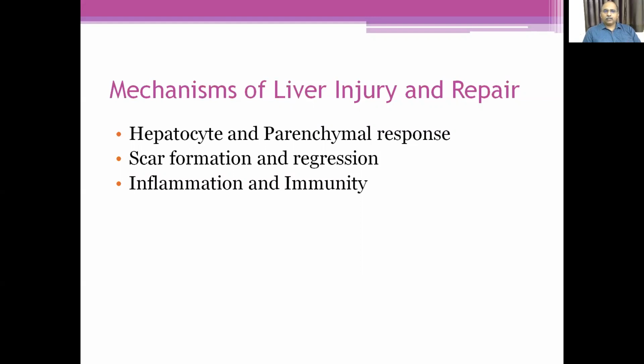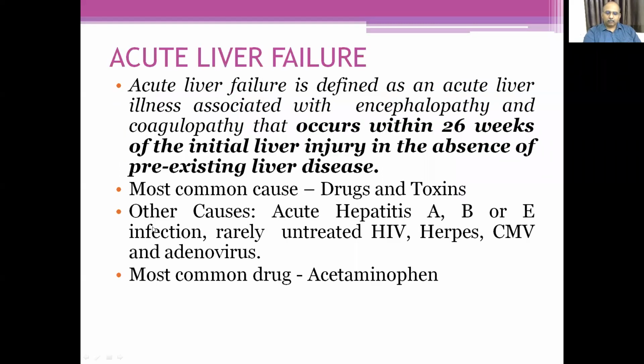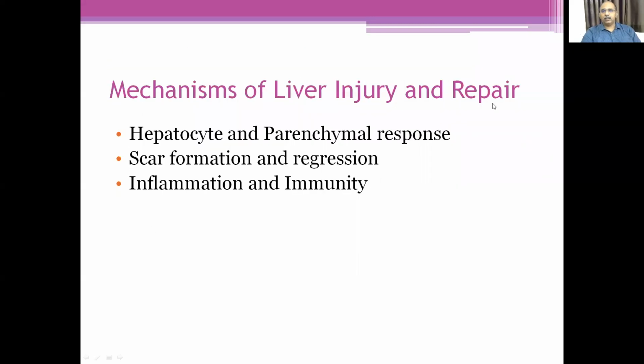And then the third part is inflammation and immunity. This inflammation and immunity plays a major role in autoimmune hepatitis and viral hepatitis. For example, one person got infected with hepatitis B. That hepatitis B will enter the liver cells and start proliferating in them, so that it will produce some antigens, hepatitis B surface antigens, otherwise called Australian antigens.